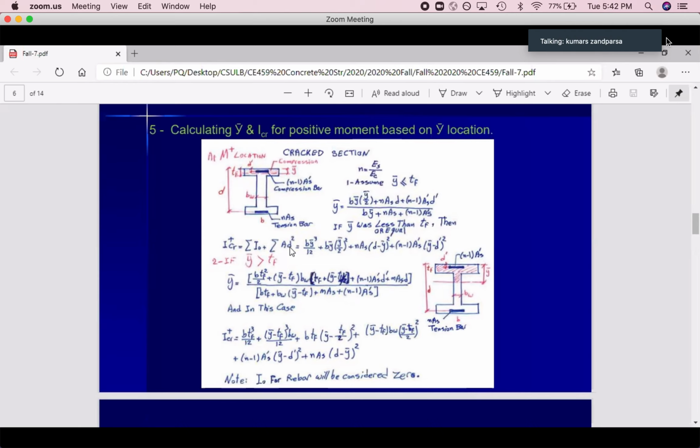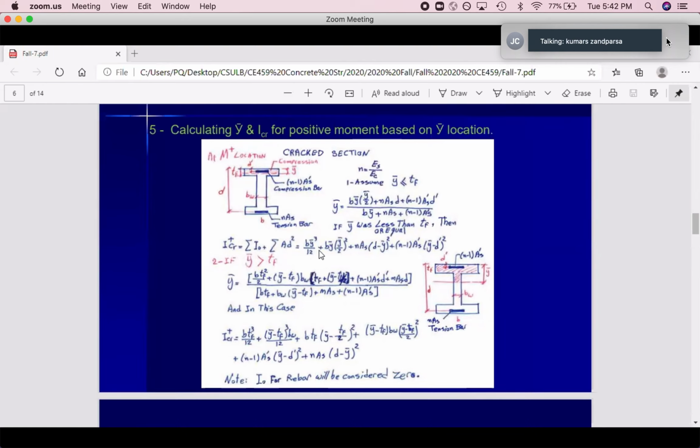This D is the distance from any segment to the neutral axis of the whole. But that D or D prime is the distance from the tension bar or compression bar to the compression concrete.